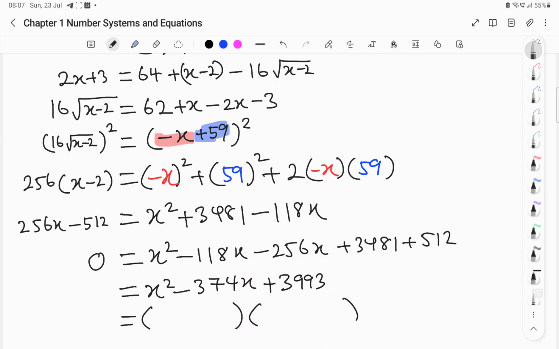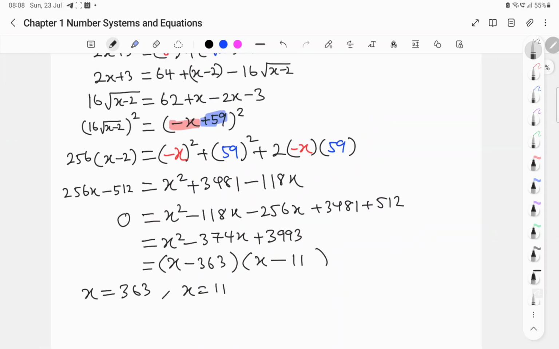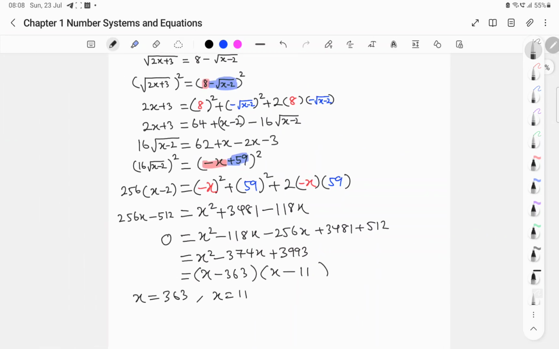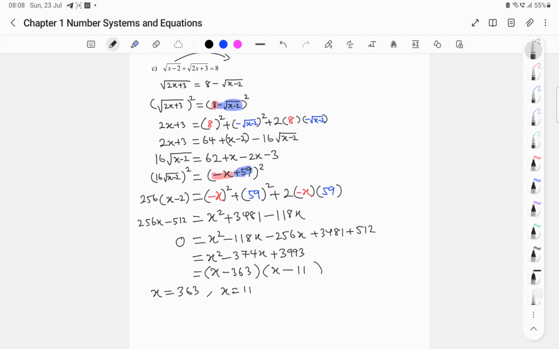This one you can use your EQN function in your calculator as well, no problem. Okay, so what I get is x minus 363 and x minus 11. Therefore, I have x equals 363, x equals 11 as the possible answers. But we need to test for both of them.